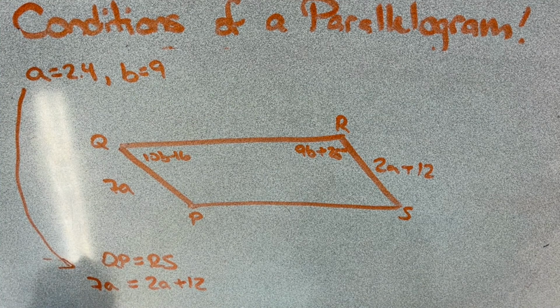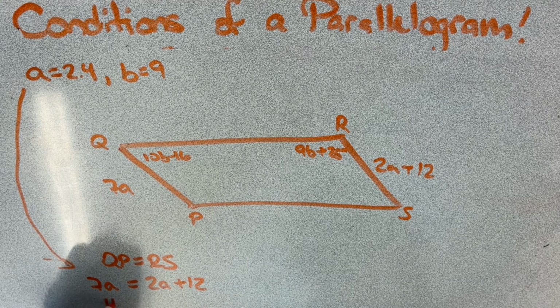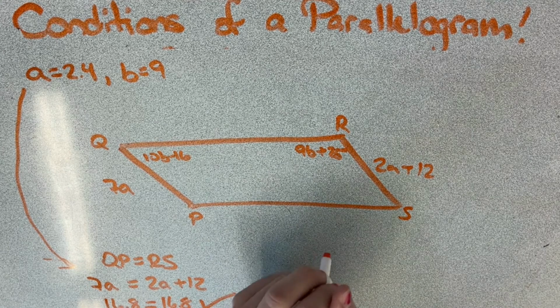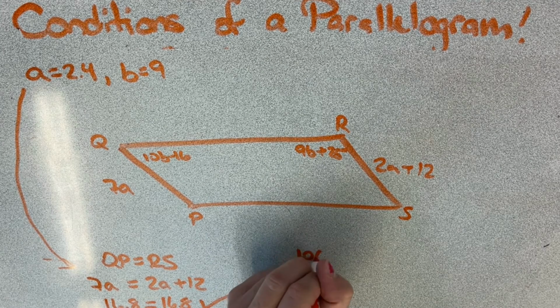So let's just plug everything in. 7A is 7 times 2.4, which is 16.8. And then we'll plug in 2A plus 12. 2 times 2.4 is 4.8, plus 12 is 16.8. That one's good.